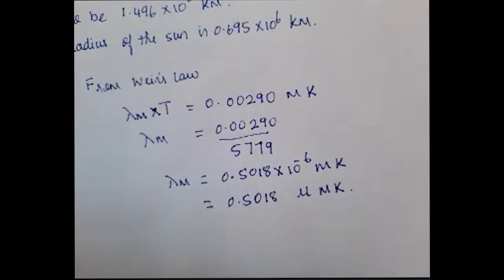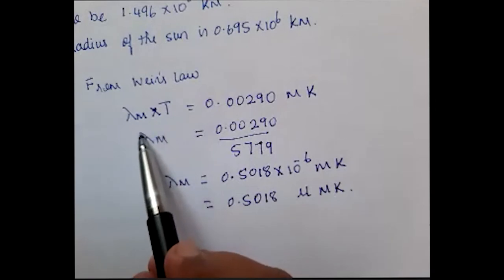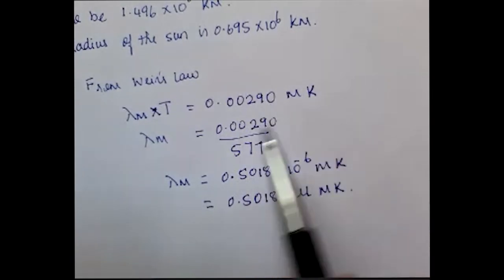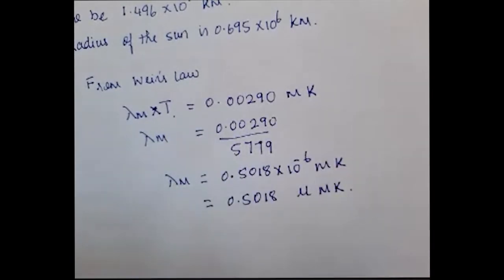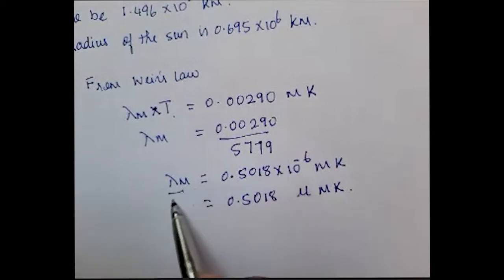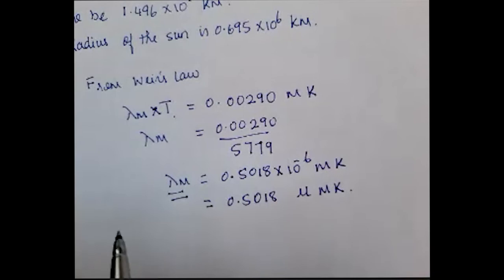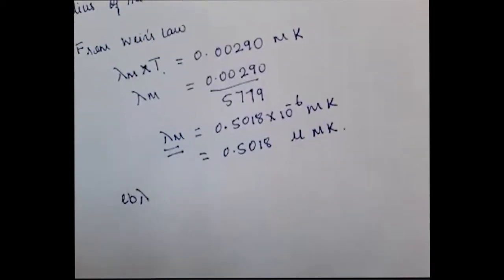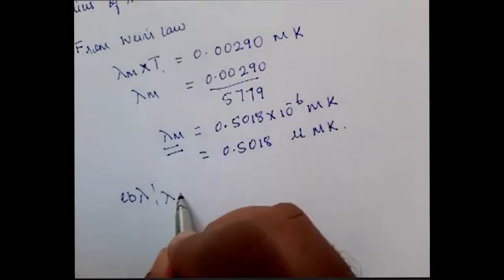So from Wien's law, I have lambda m into T is equal to 0.00290 meter Kelvin. I know the temperature at the sun's surface, it is 5779. So I get the value of lambda m. Then I need to find out the monochromatic emissive power at lambda is equal to lambda m, that is, EB lambda at lambda equal to lambda m.